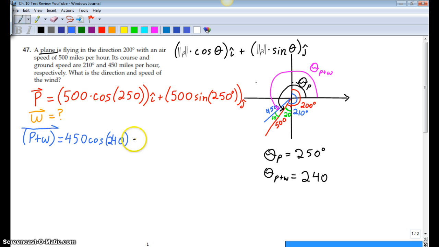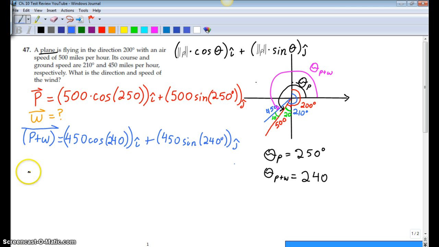And we'll close that in as our i hat component, like our horizontal component, plus the 450 sine 240 j hat.